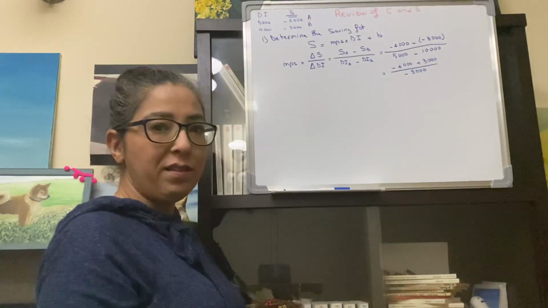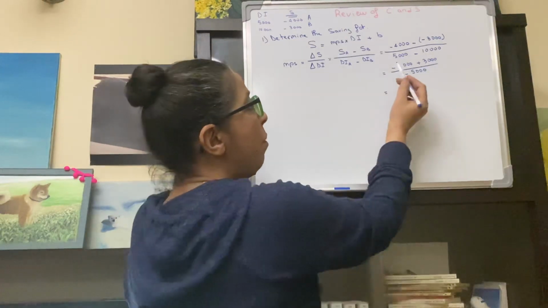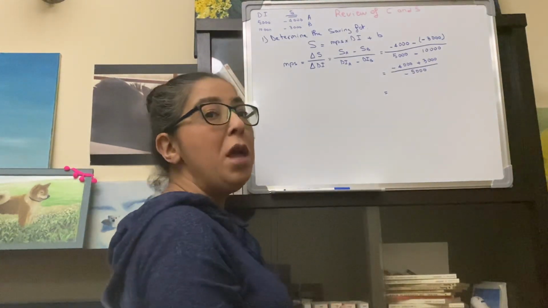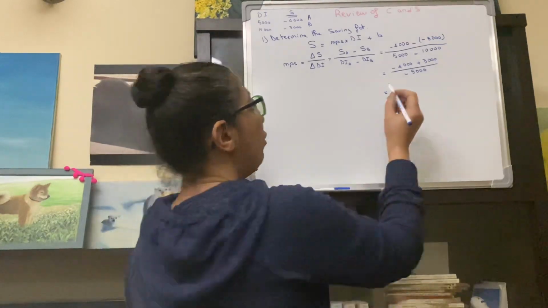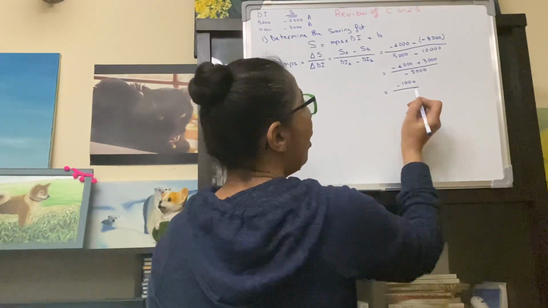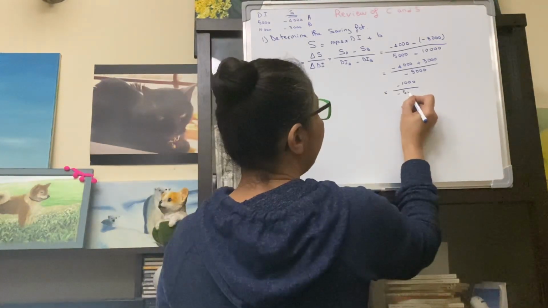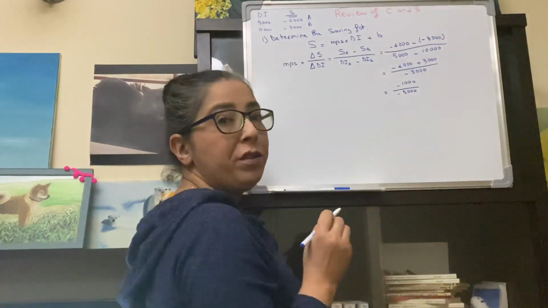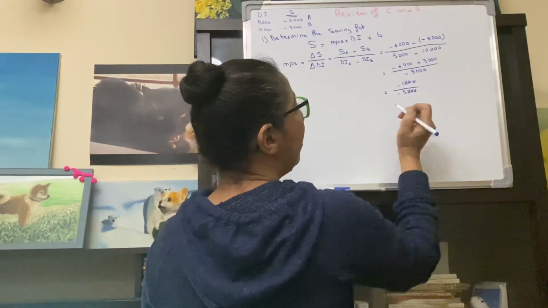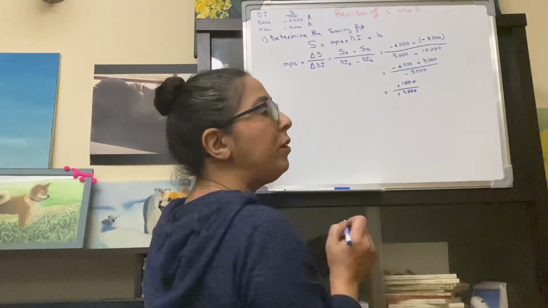Let's see what it gives us now, which is equal to minus 4,000 plus 3,000 gives you minus 1,000 over minus 5,000. Now we will simplify. The minus and the minus gives you a plus, so we don't care about them.